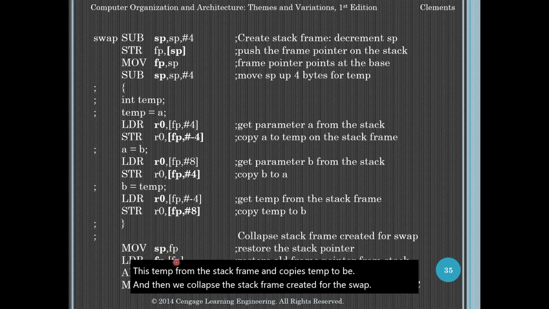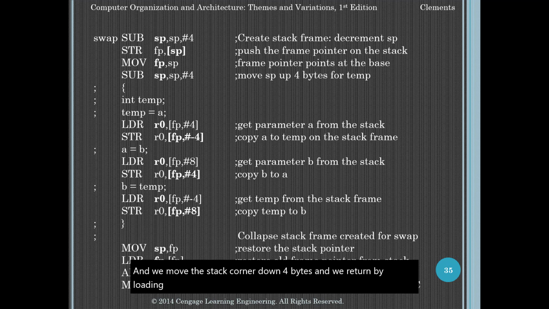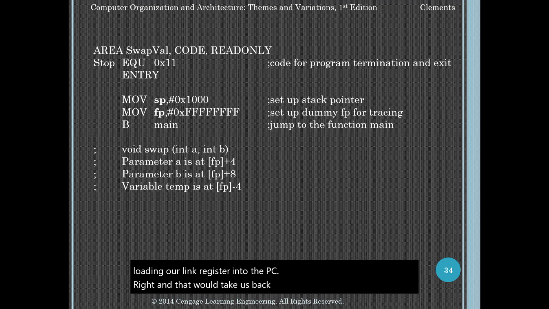And we restore the stack pointer. And we move the stack pointer down 4 bytes, and we return by loading our link register into the PC. Right? And that would take us back to our main.